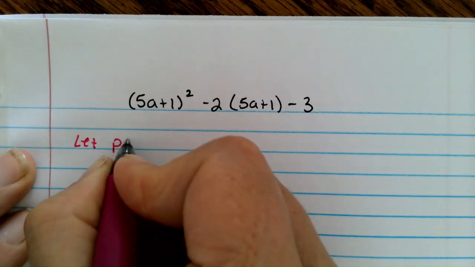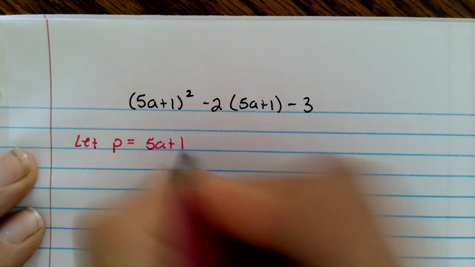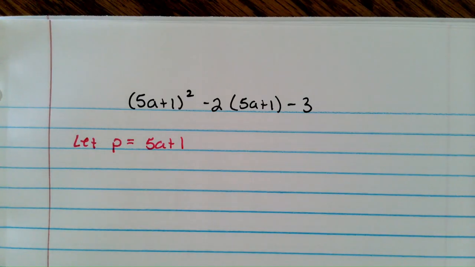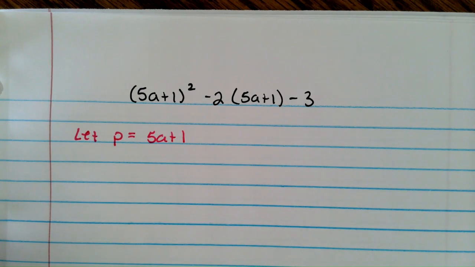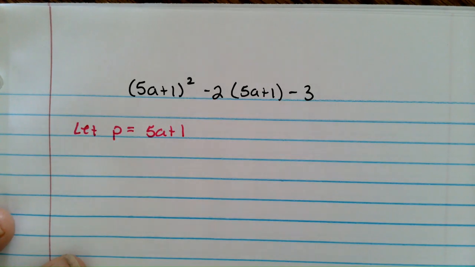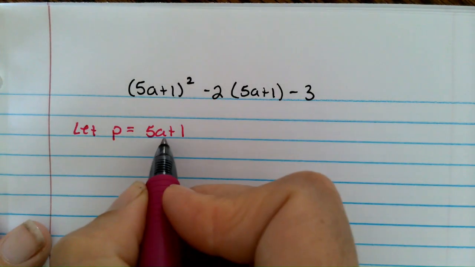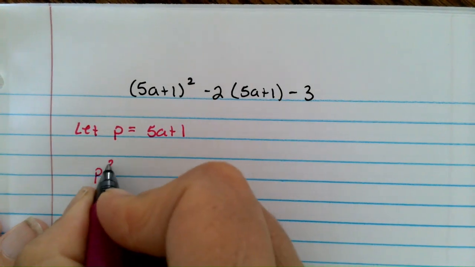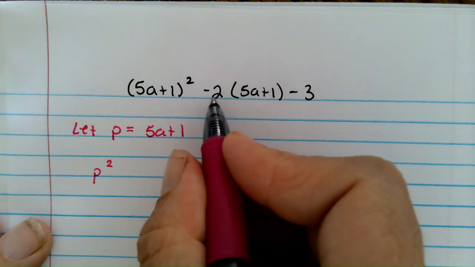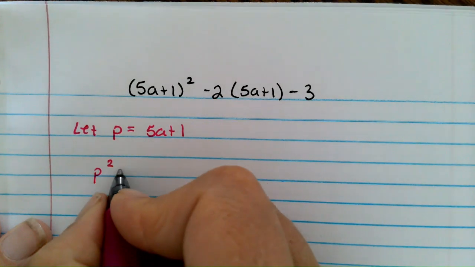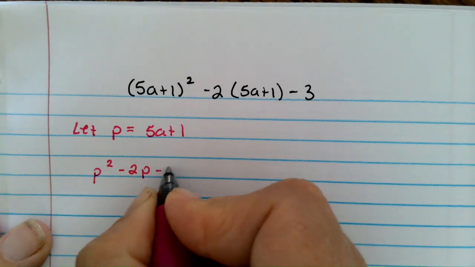Let p equal 5a plus 1, and substitute. By the way, p stands for parentheses in my mind. So instead of writing 5a plus 1 squared, I'm going to write p squared. Instead of writing minus 2 times that 5a plus 1, I'm going to write minus 2p minus 3.